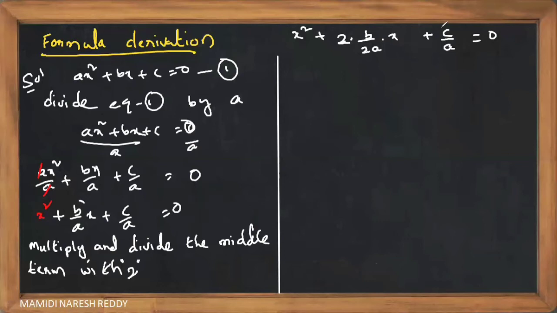1200 people increased, so the new population is equal to x plus 1200. Now the new population is decreased by 11%. So x plus 1200 minus x plus 1200 into 11 by 100.